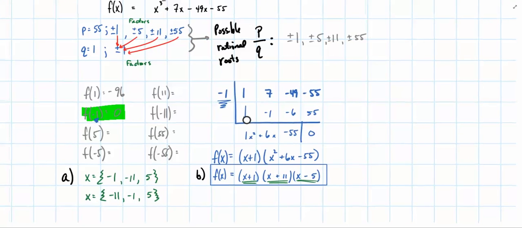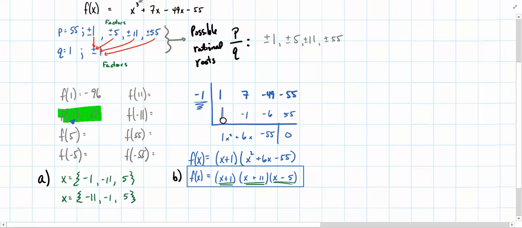It's not an awful lot of work, but there are distinct pockets of work that we had to complete. Let me see if I can review this with you. We wrote down the original polynomial. We found the factors of the p and the q values, and then listed our possible rational roots. From here, we started checking those rational roots using the remainder theorem.